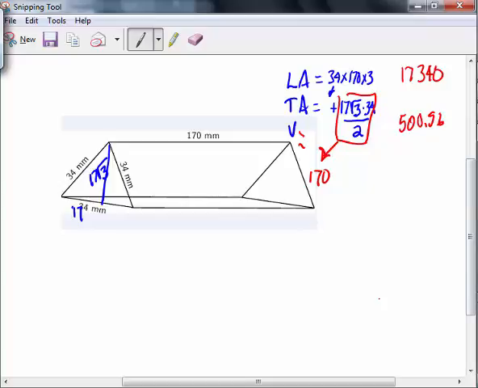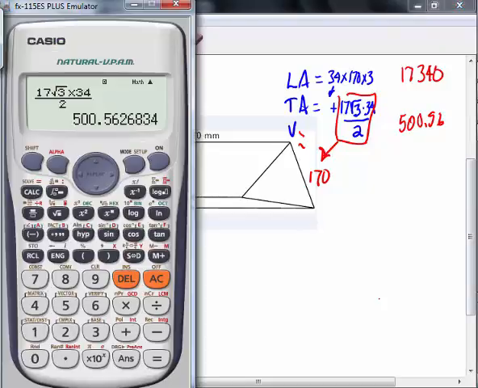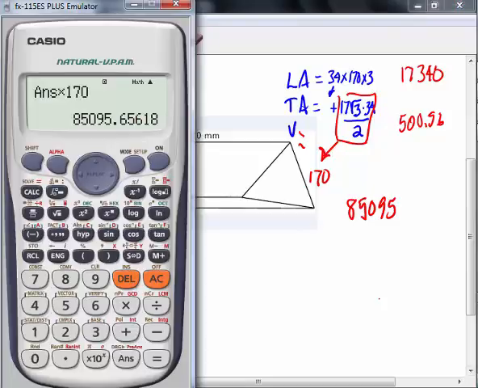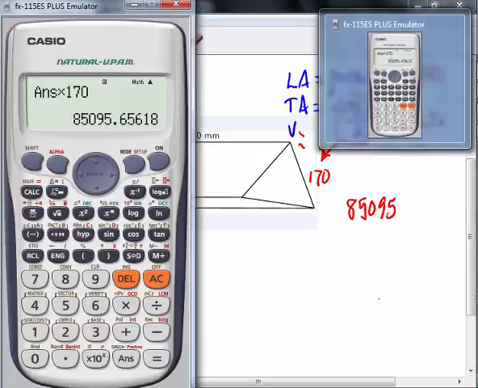And the volume is that times the height, 170. Now I'm going to go back, so the volume is 85,095 millimeters cubed. I just got to make sure I got that right. 96 millimeters cubed.